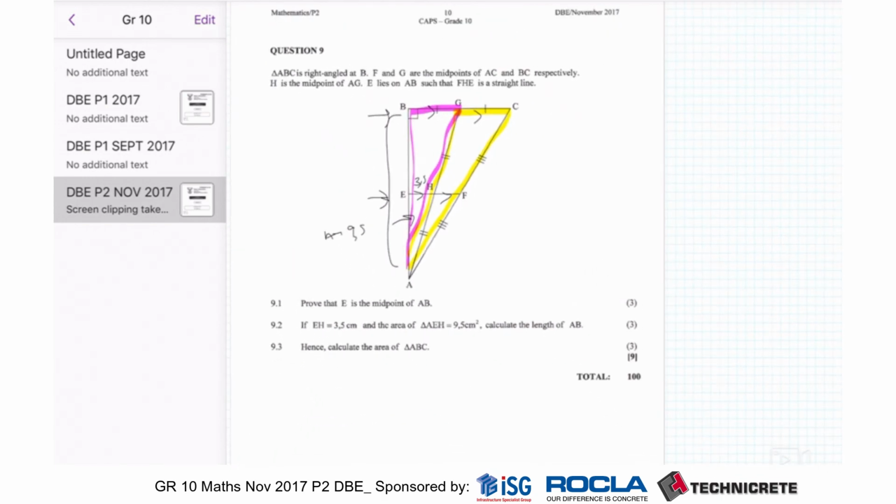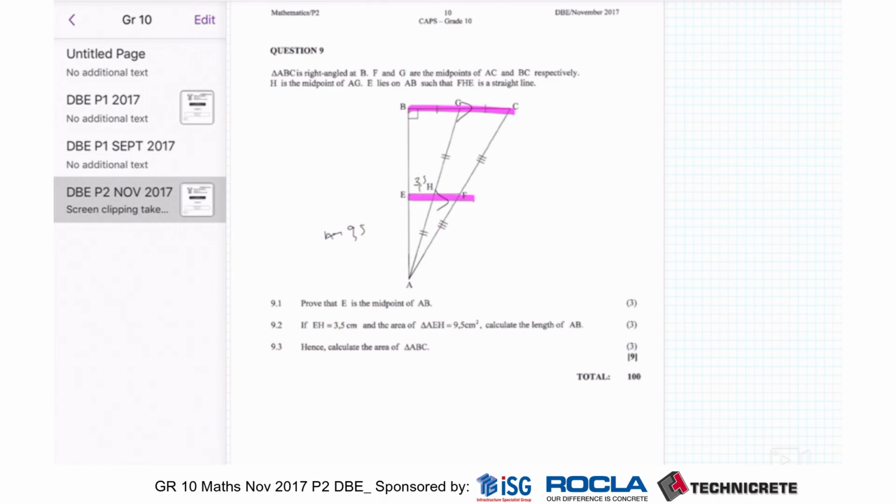Okay, so we have to make use of the rules. So we know that AEH is 90 because this is parallel and this is parallel. So we've said that this line is parallel to this line. That is a very important point.